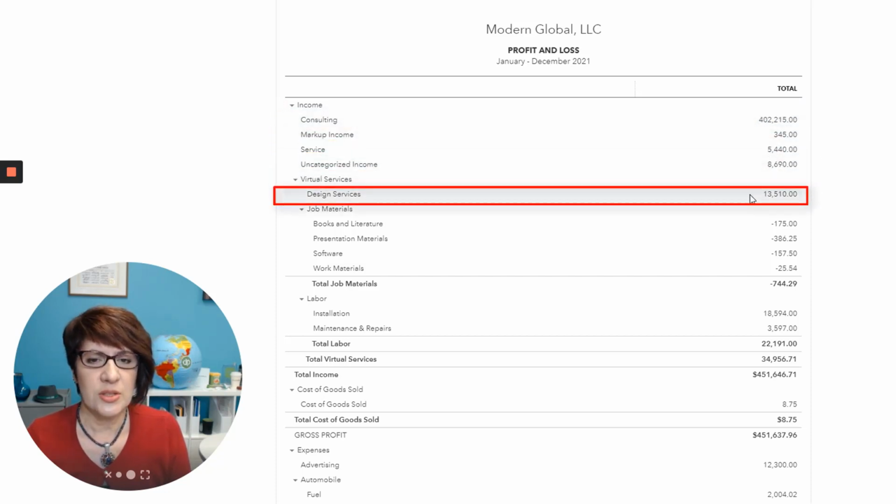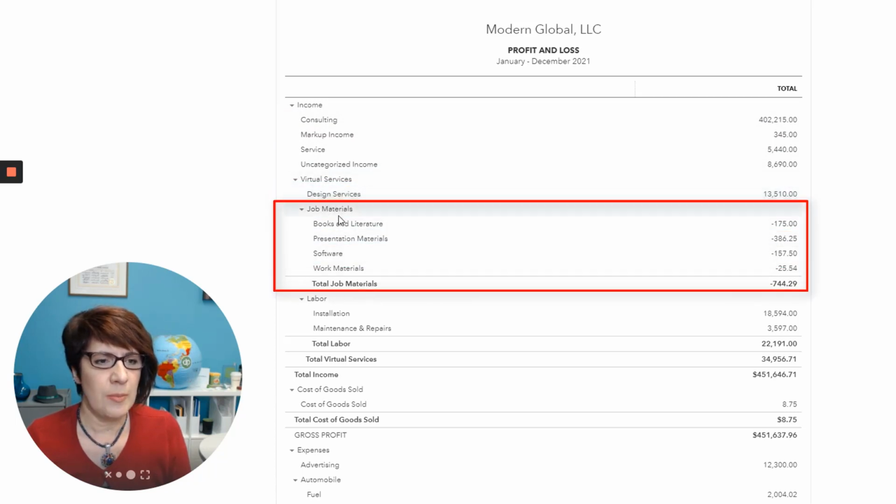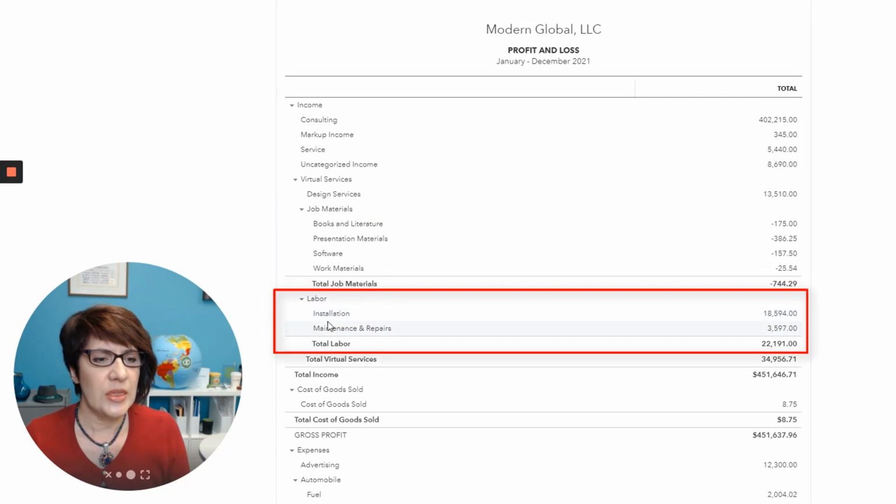They also provide design services. It looks like they may have some sort of billable job materials, which would lead me to think perhaps they should be tracking cost of goods sold. And then there's some labor. It looks like they also do some installations and some maintenance and repairs.